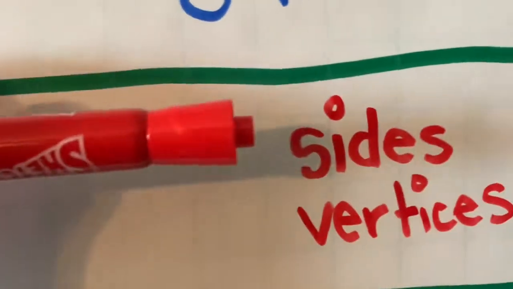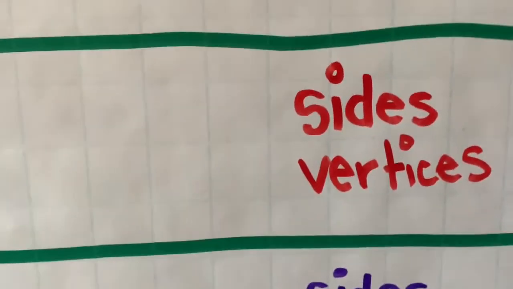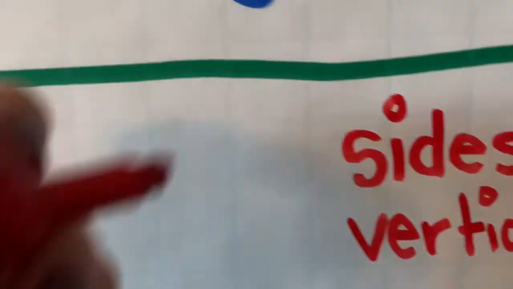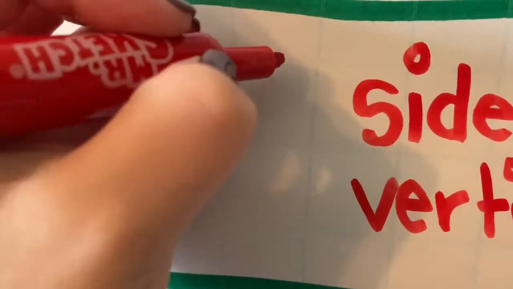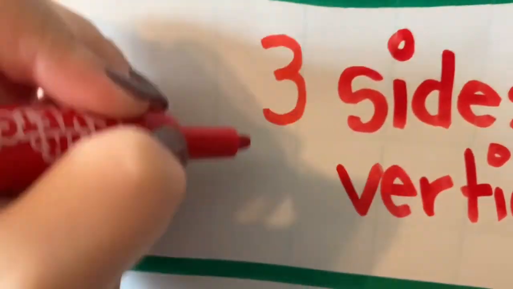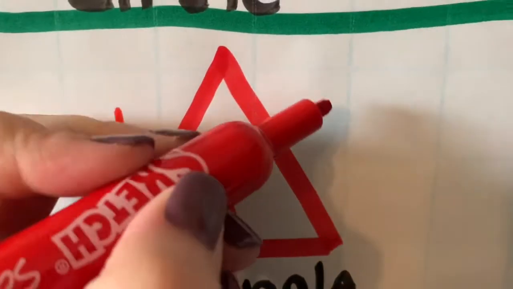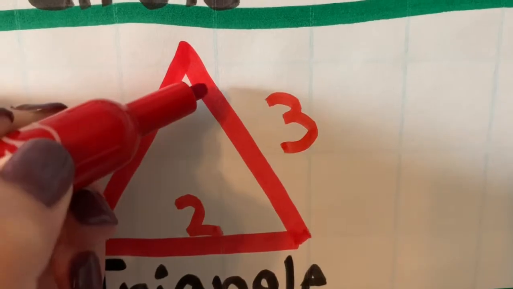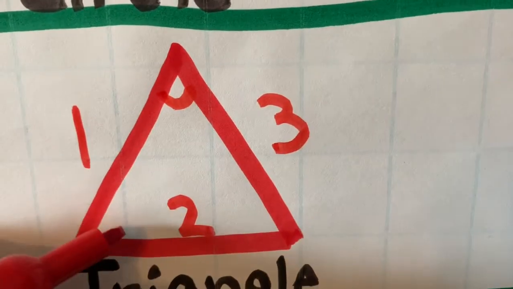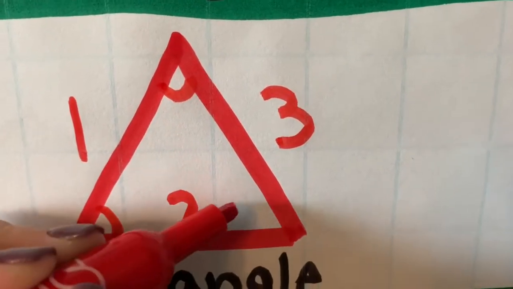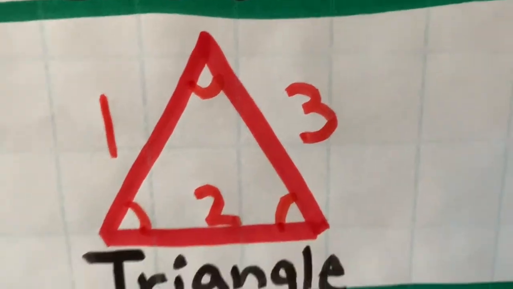So we have 3 sides and 3 vertices. 3 lines, 1, 2, and 3, and 1 corner, 2 corners, 3 corners.